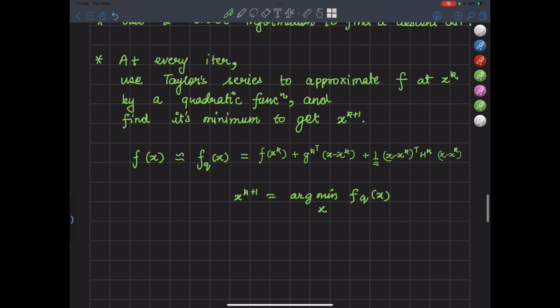Because it's a quadratic function, the minimum will occur where the gradient is 0. So the gradient of fq(x) equal to 0 gives us xk plus 1 equals xk minus Hk inverse gk. Here we are assuming Hk is invertible.